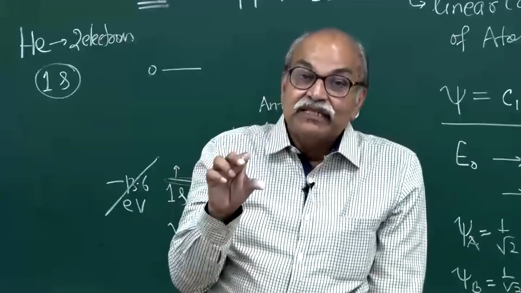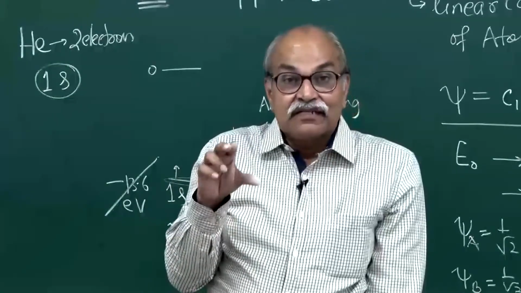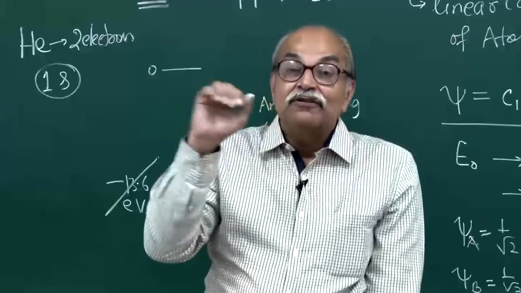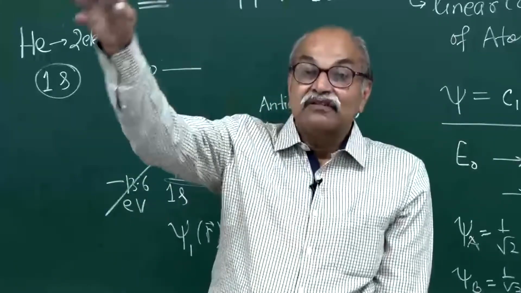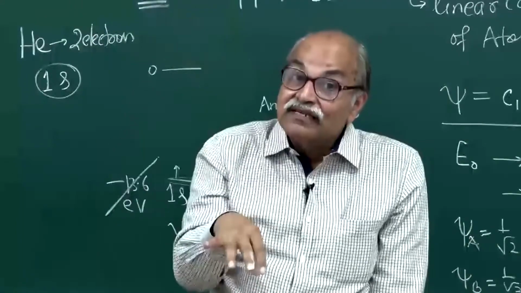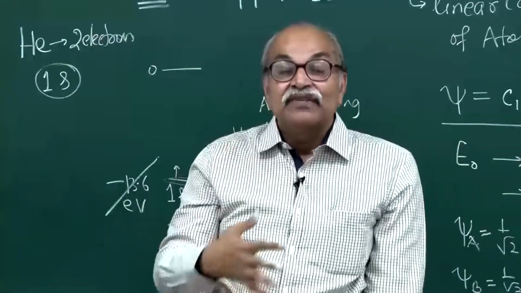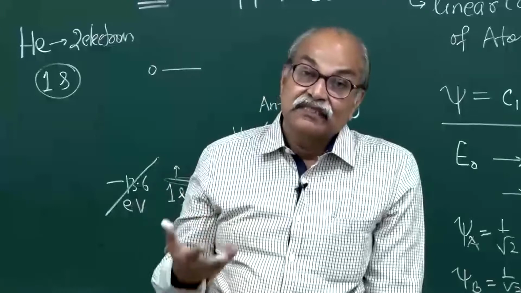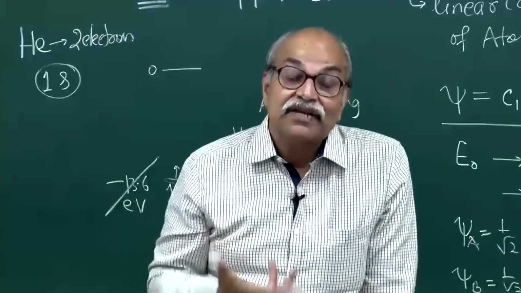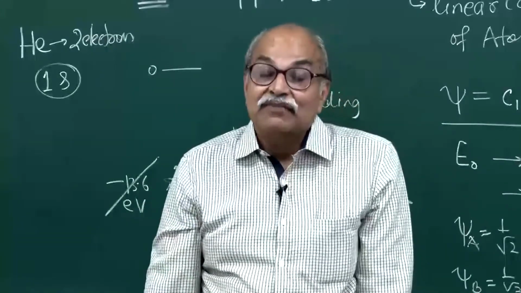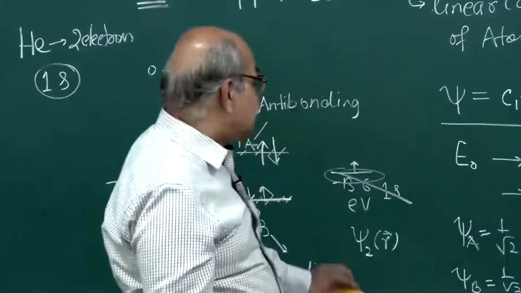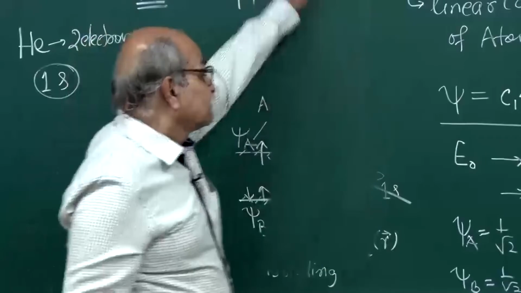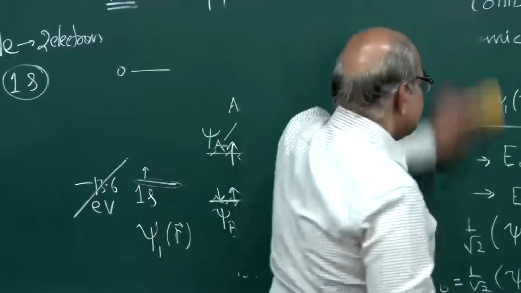And how much will be the splitting for 2s, how much will be the splitting for 2p, how much will be the splitting for 3s, all those details will be different for different kinds of atoms. Z value will determine all those things. So the diagram which we drew for energies is now modified.